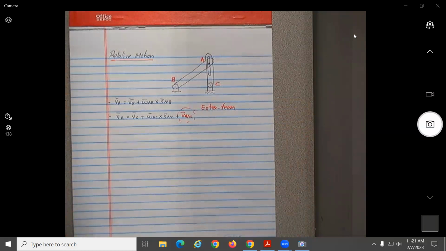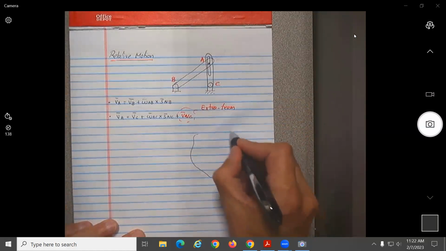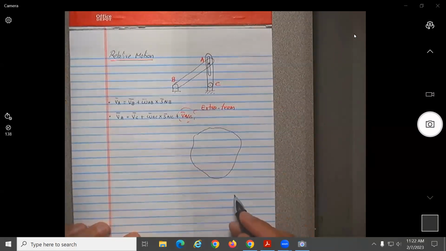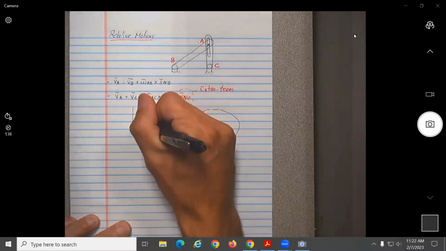Okay, so let's do the derivation. This is the one for the acceleration. I wanted to do that one small line, but it's fine. Let's just do it big.